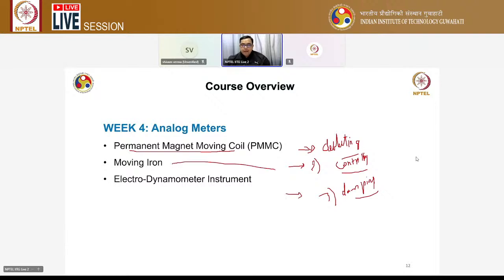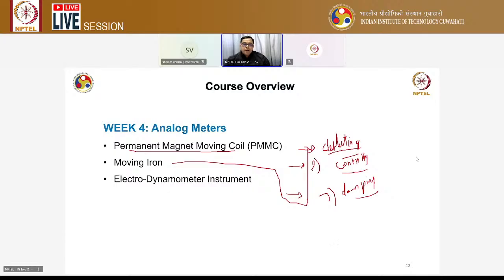Similarly, for moving iron, you have distinguished three components. Similarly, for electrodynamometer instruments, you have differences in the deflecting, controlling, and damping, right? So based on these things, the distinctions are there among them.